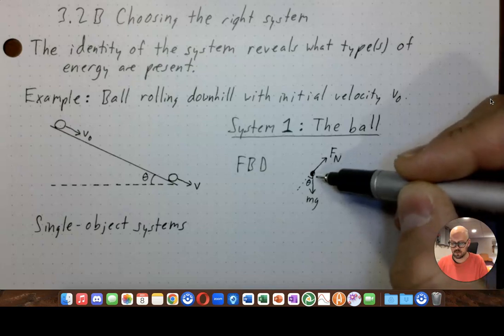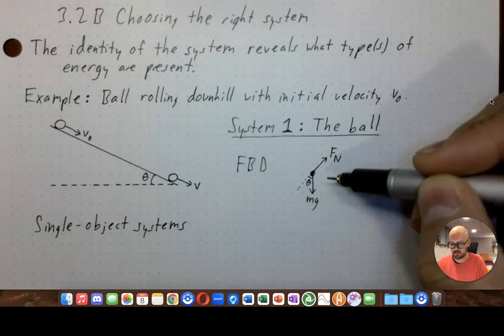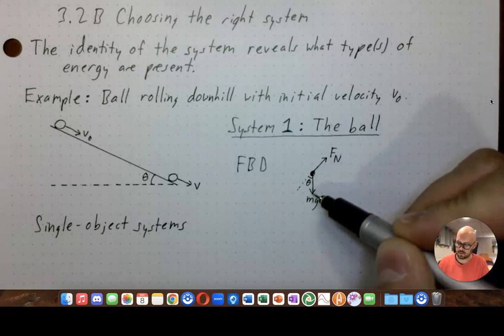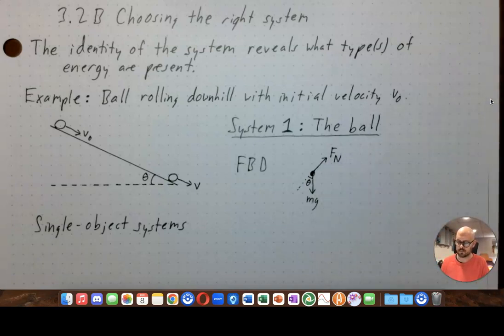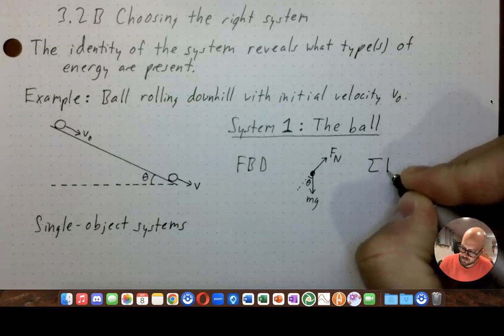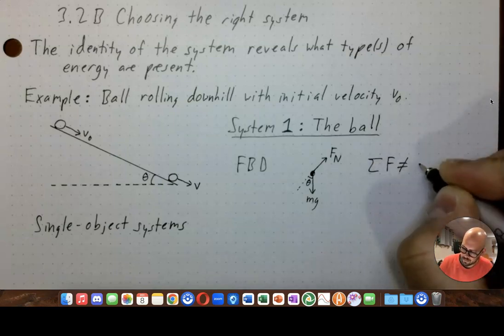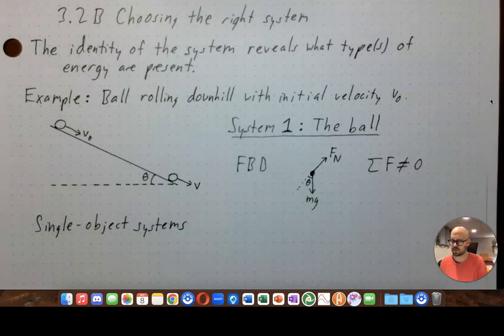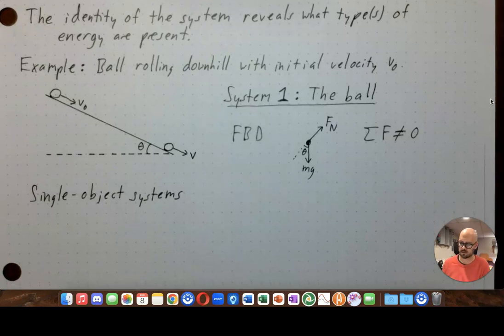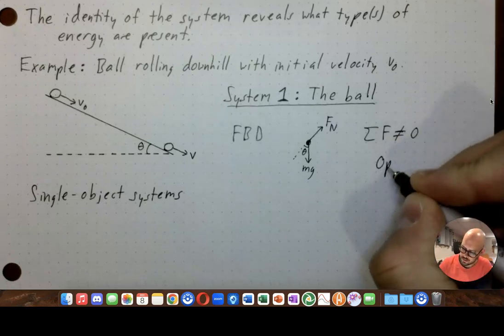These two forces point in two different lines, and so there's no way that the normal force and the force of gravity not only would have the same magnitude, but they would also be equal and opposite to one another. So the net force on this system cannot be zero. If there was friction, it could be zero, but that's actually going to present other complications. This system is open.